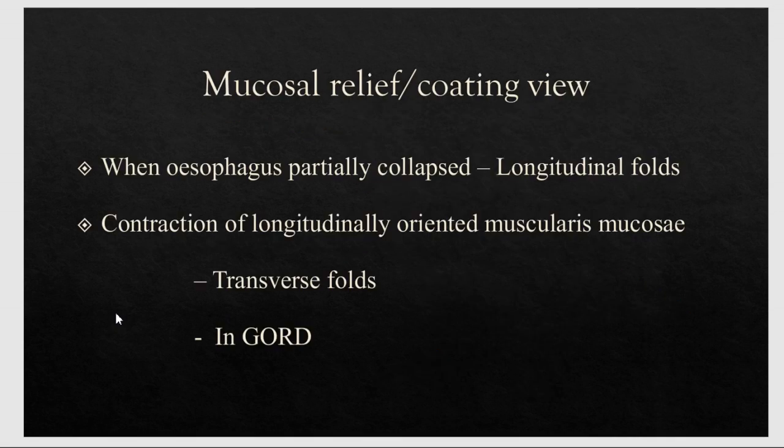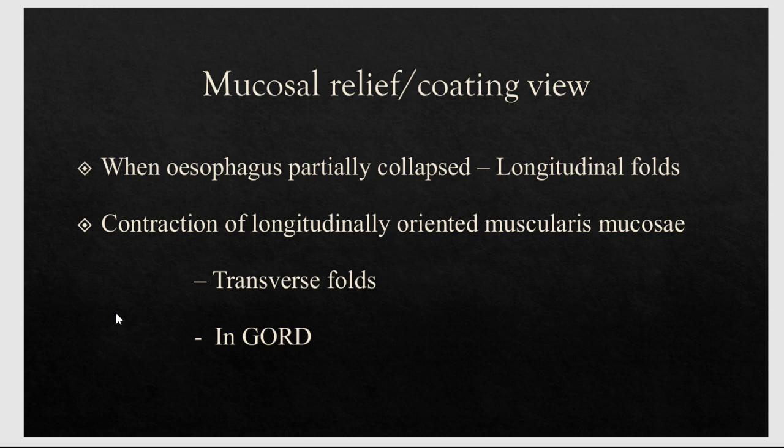Now, as in the first video we have discussed, there are three possible patterns, that is the mucosal relief view, the single contrast view, and the double contrast view. Now the same three views under barium swallow, we are just taking up very quickly.